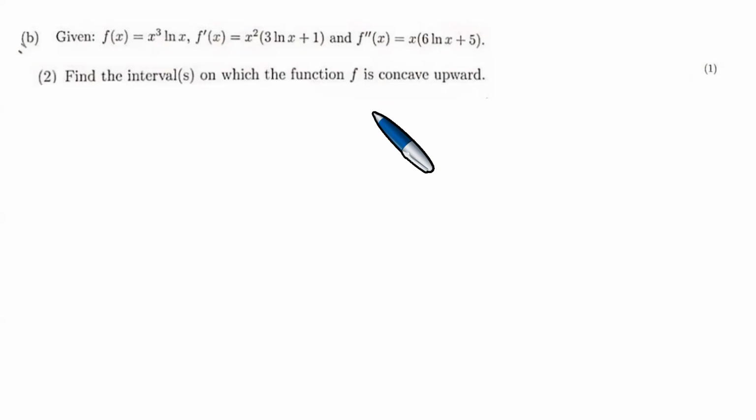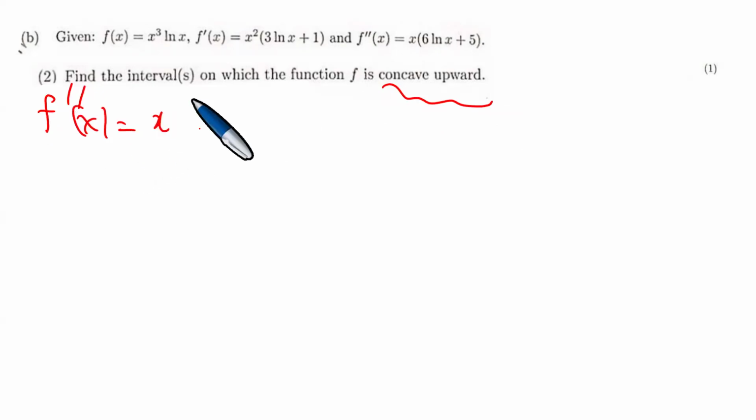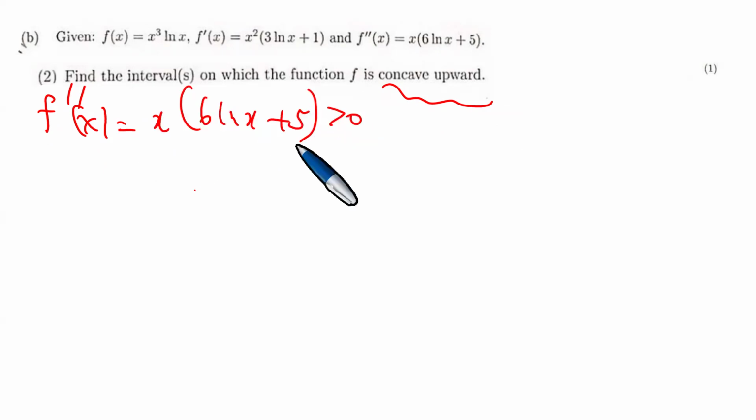So now, concave upward would mean that we have f double prime, x(6 ln x plus 5), greater than 0.